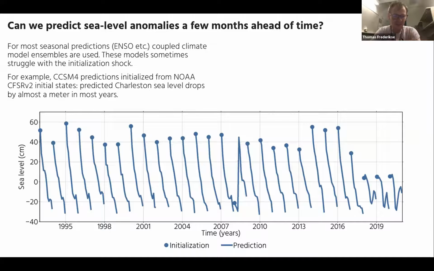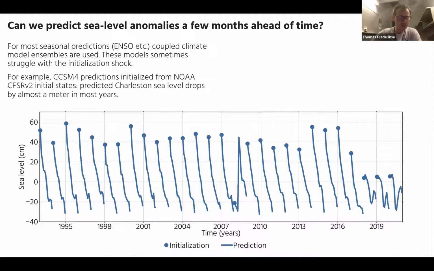When you initialize this model, the initial conditions you prescribe from observations might not align very well with the model equilibrium, for example the Gulf Stream position. So if you start running this model, you get an initialization shock.